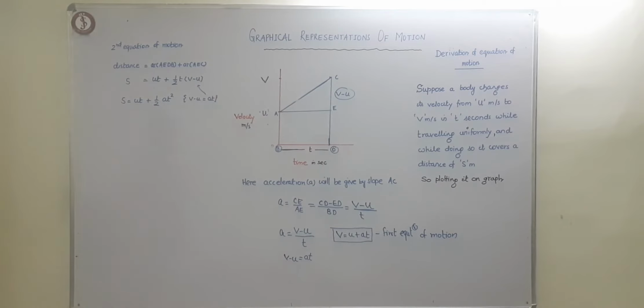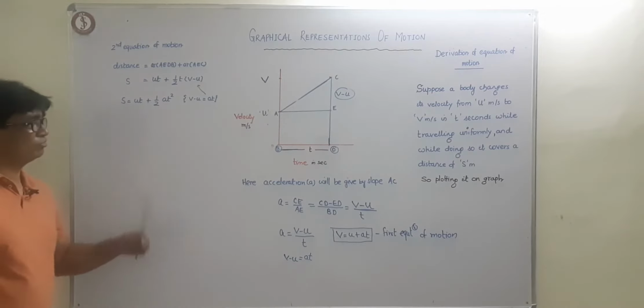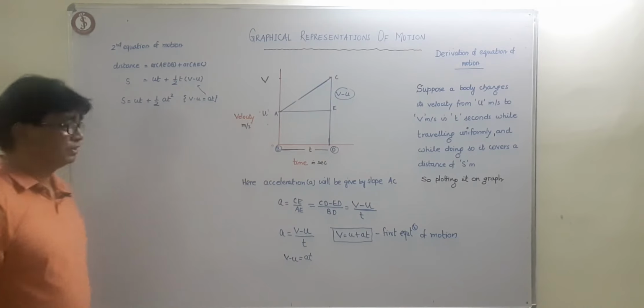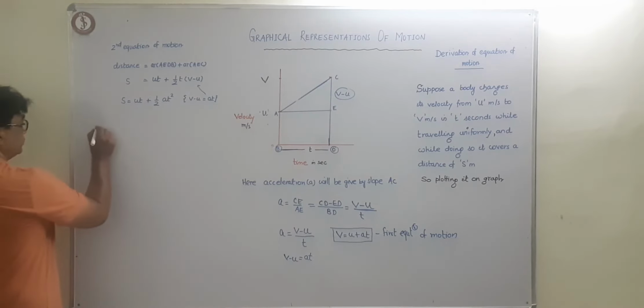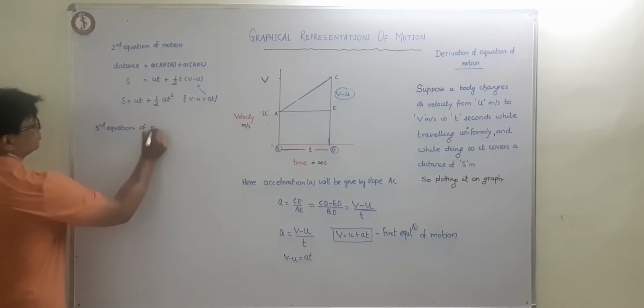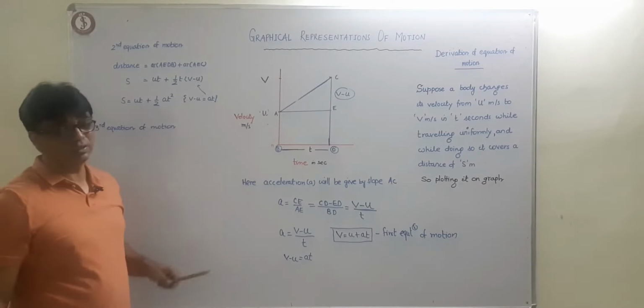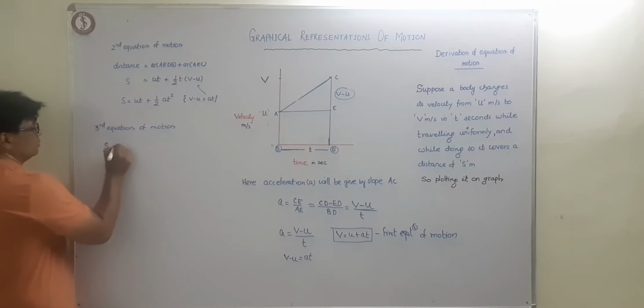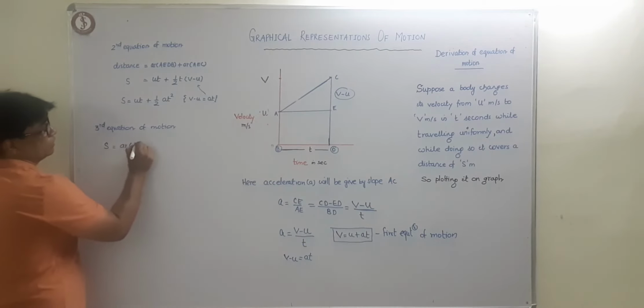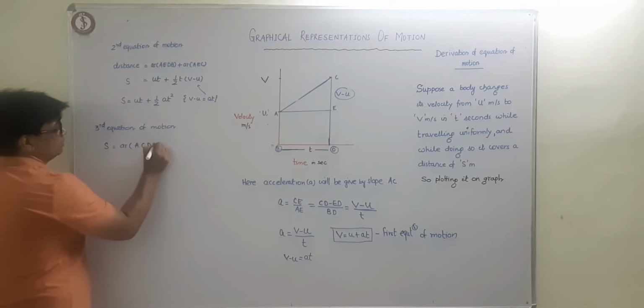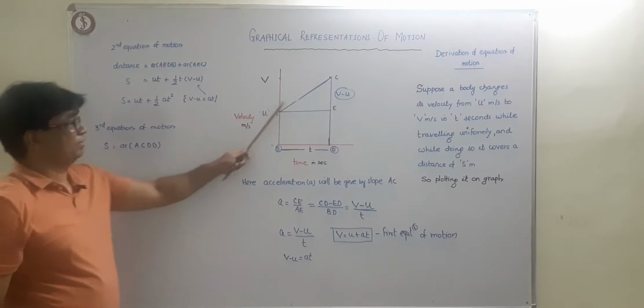Children, have a look nicely at how the derivation has been done. It is very important. And for the third equation of motion, you also find an area, but the area of this trapezium. Let us see. It is the same thing, only you find the third equation of motion directly. Instead of finding these two areas and summing them up, you just write s is equal to the area of trapezium ACDB.